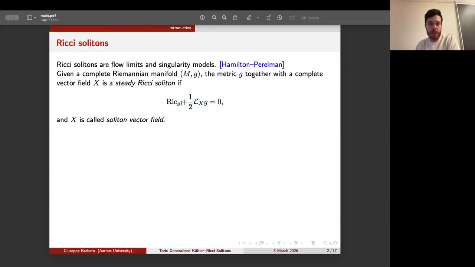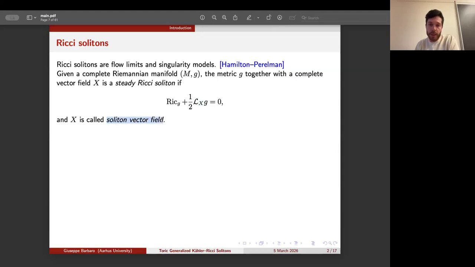As I said, this is a flow limit: if you run the Ricci flow here, you see that it is changing the metric in a self-similar way. Another comment: in general, on the right-hand side you are going to have some multiple of the metric. For today, we only care about steady Ricci solitons, so we have 0 here. This vector field is called the soliton vector field.